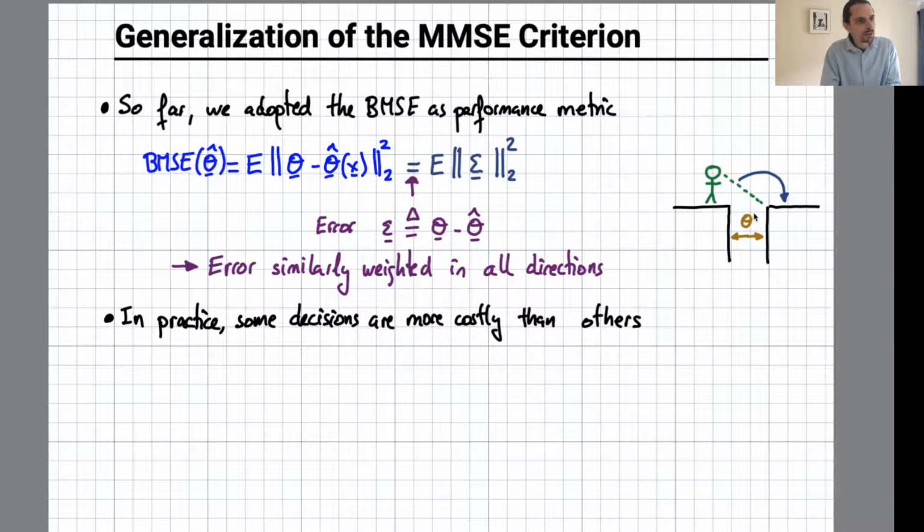On the one hand, let's look at the cost of overestimating the width of the hole, theta. If this width is for example 2 meters and our estimate is 2.5, then we will manage to jump to the other side.